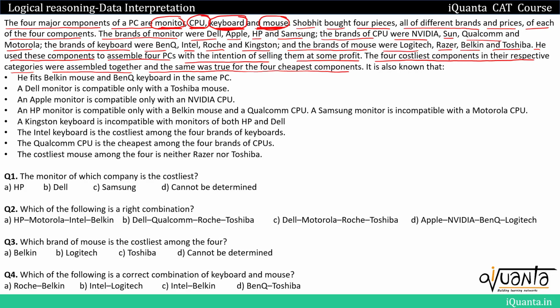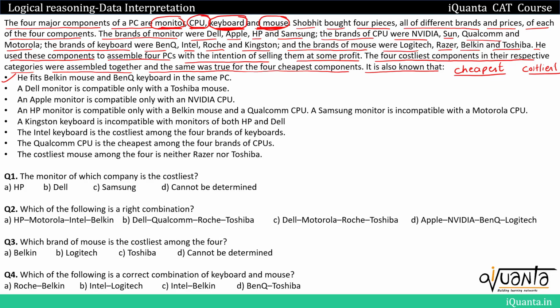So all the cheapest components will be fit together to form the cheapest PC, and all the costliest components will be assembled together to form the costliest PC. We'll be keeping all the cheapest components together in one PC and all the costliest components together in one PC.